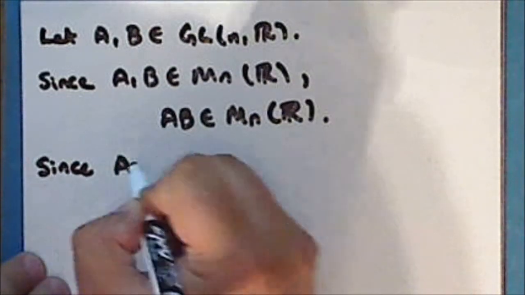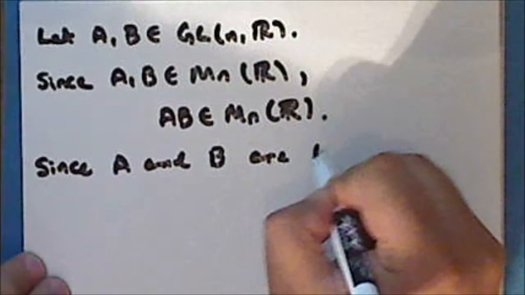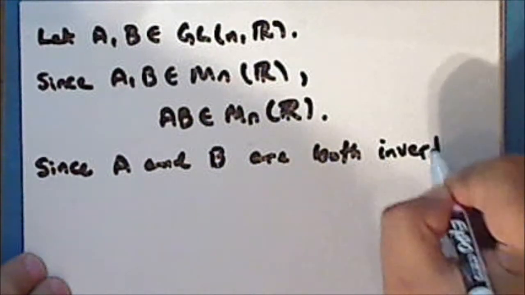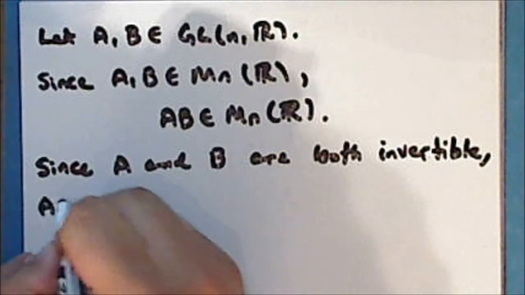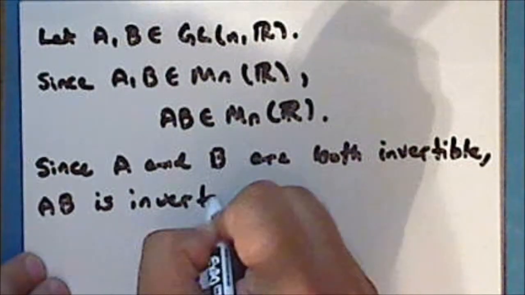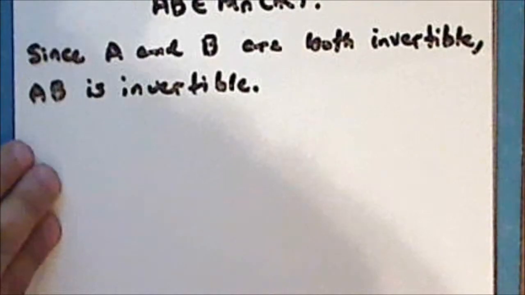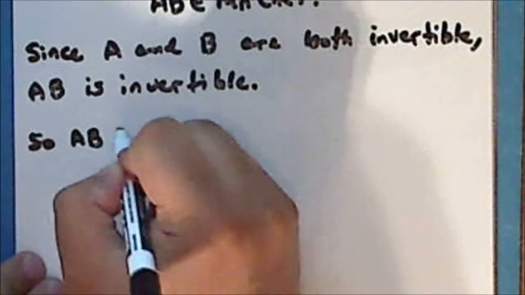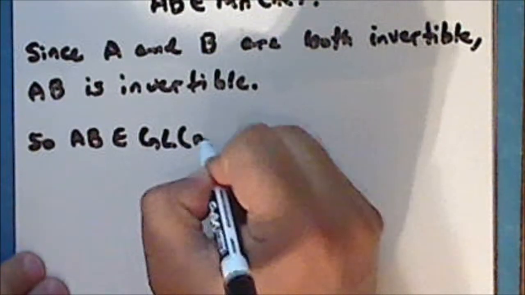And since A and B are both invertible, the product A times B is invertible. And so the product A times B is once again an element in this set.